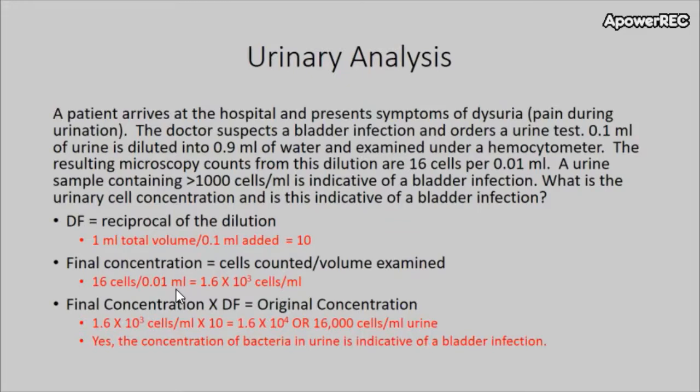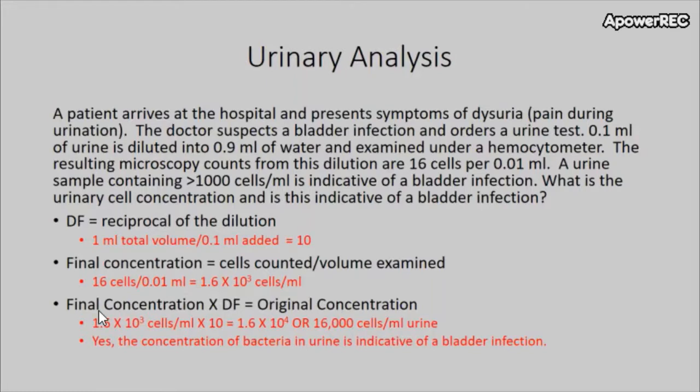All you really do here is multiply by 100, which is the same as dividing by 0.01. So in a way it's another dilution factor. But if you would like to keep it simple, you can just take cells counted or CFUs counted divided by the volume examined. So we have 1.6 times 10 to the third cells per mil.